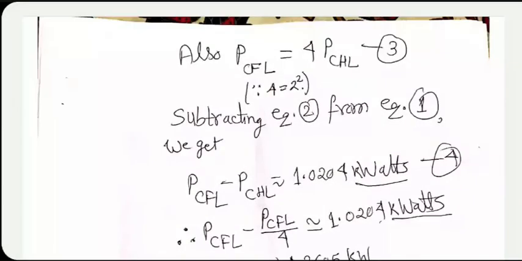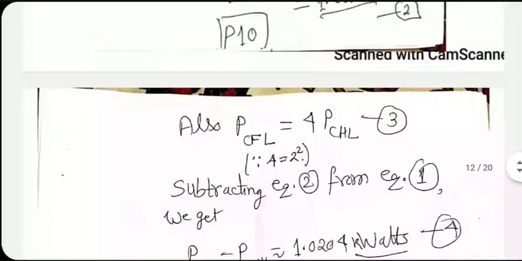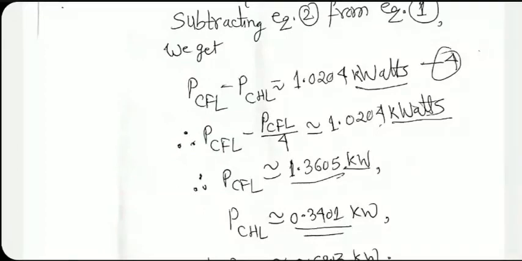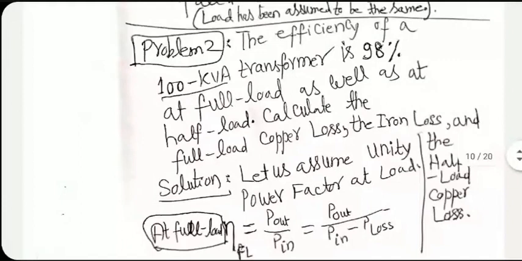So I put that here. I get PCFL, the full load copper loss value, 1.3605 kilowatt. Half load copper loss will be 1/4 of this. And once you know these two, you can use any of the equations to get the iron loss. So the three things they wanted have been figured out.